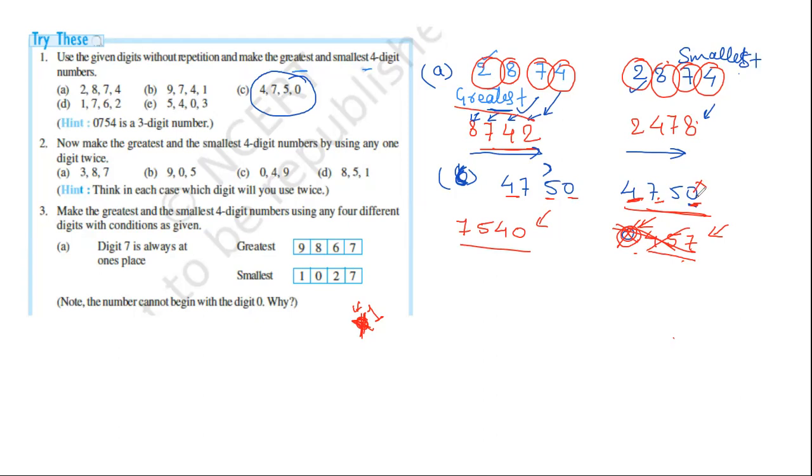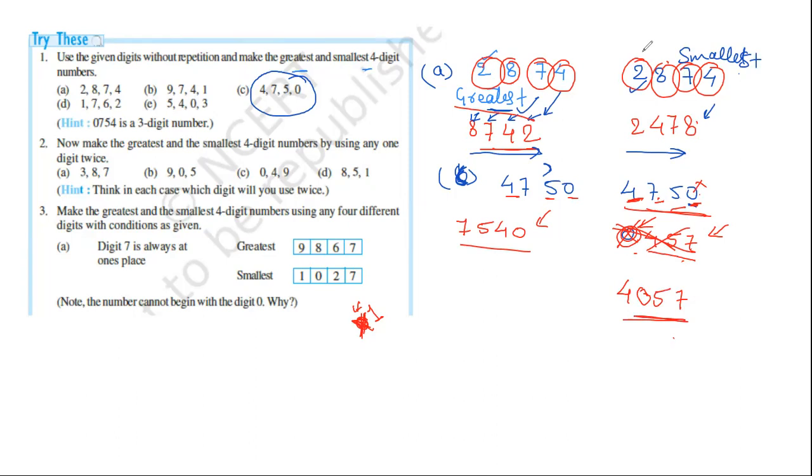Here this number is an exception. We start with 4. Then after that immediately we'll put 0. Then the smallest after that, in increasing order, we need to write it. So this is the number you have written here. Greatest, sorry, smallest number. Okay.